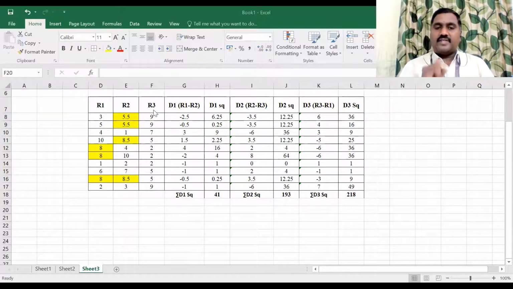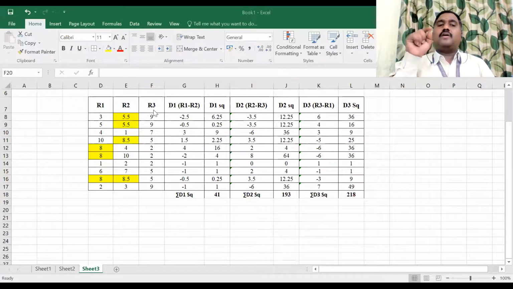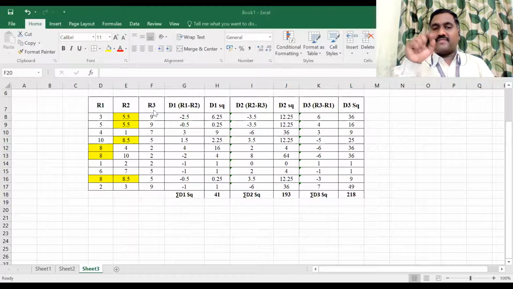First pair. 3. Very good. 3 because 8 is repeated 3 times. So 1 minus 6 into summation d1 square plus 1/12 into 3 power 3 minus 3. First pair m will be 3 because 8 is repeated 3 times.